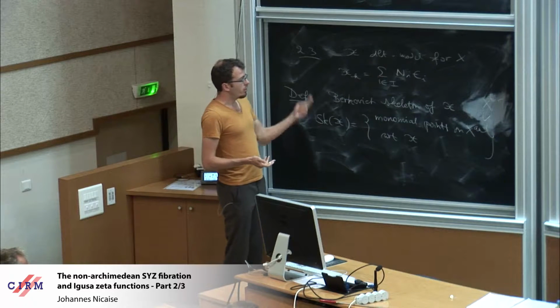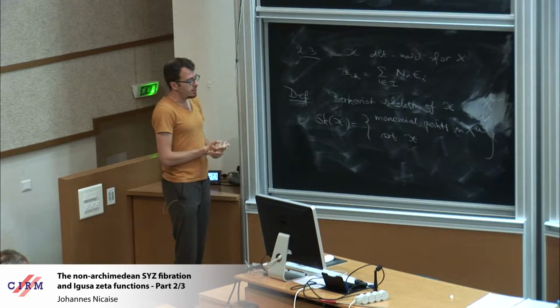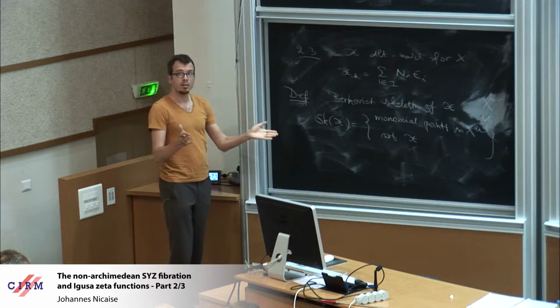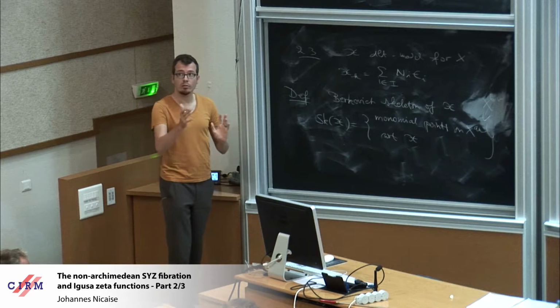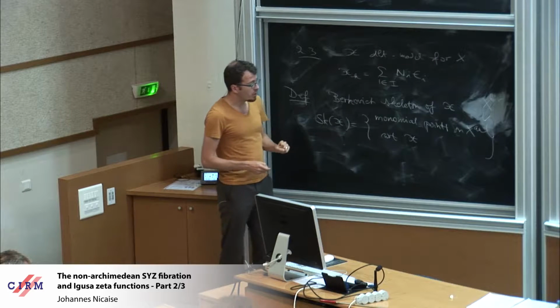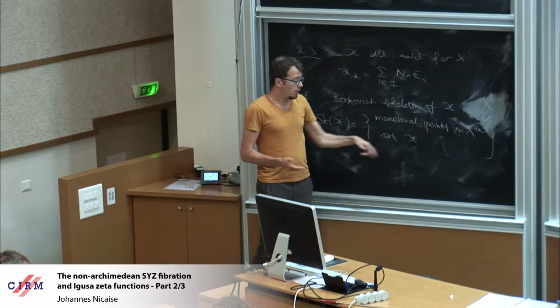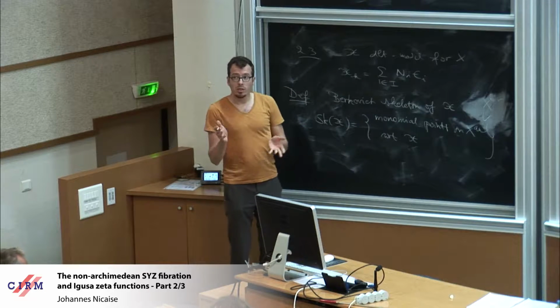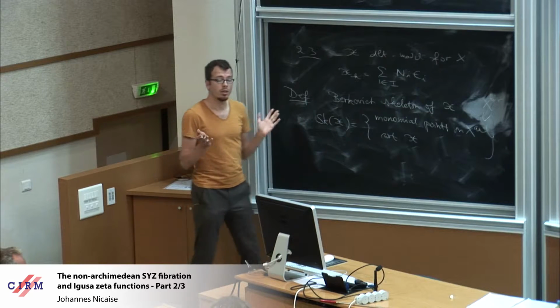So we needed to fix a DLT model, a stratum in the special fiber, and then continuous parameters that somehow interpolated between divisorial points attached to different components of the special fiber. And so here we consider the monomial points which are defined on our fixed DLT model curly X, where we allow the stratum C and the parameters alpha to vary as we like.